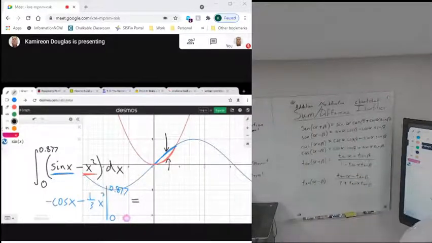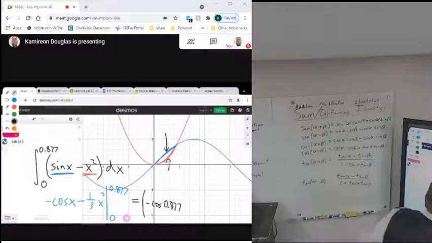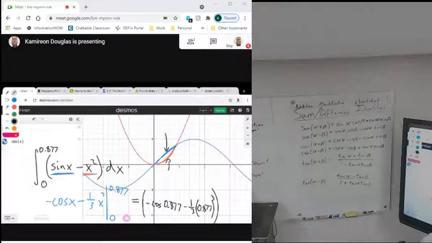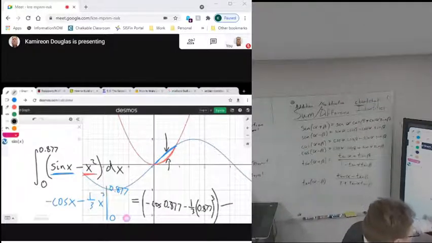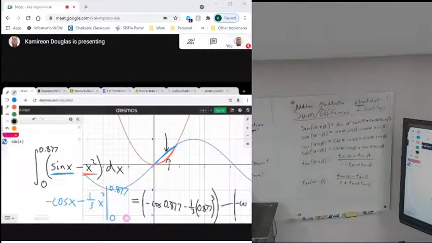First, negative cosine of 0.877 minus 1/3 of 0.877 cubed. That is the first one. Then I subtract from that the second one, plugging in 0. So in parentheses, negative cosine of 0, minus 1/3 of 0 cubed. I'm running out of room, guys.